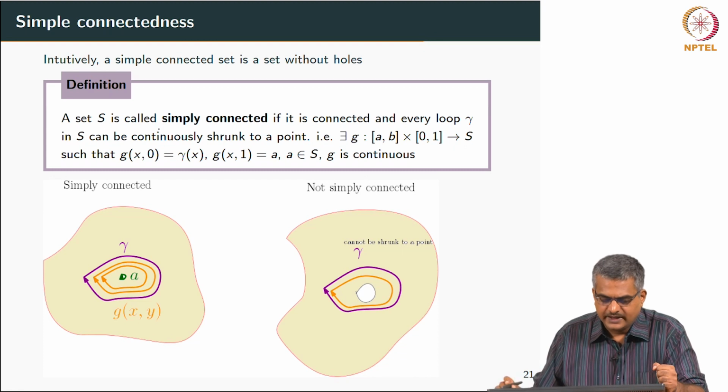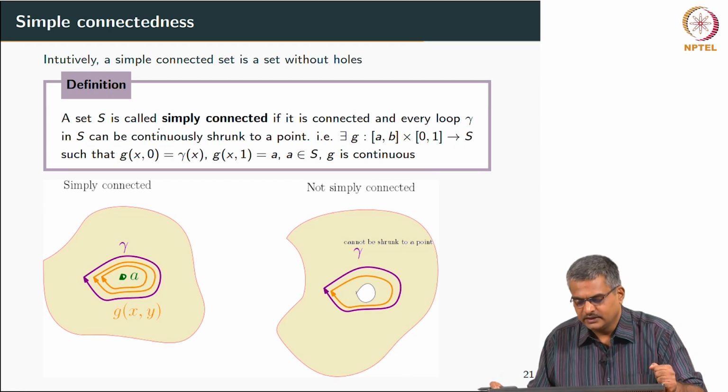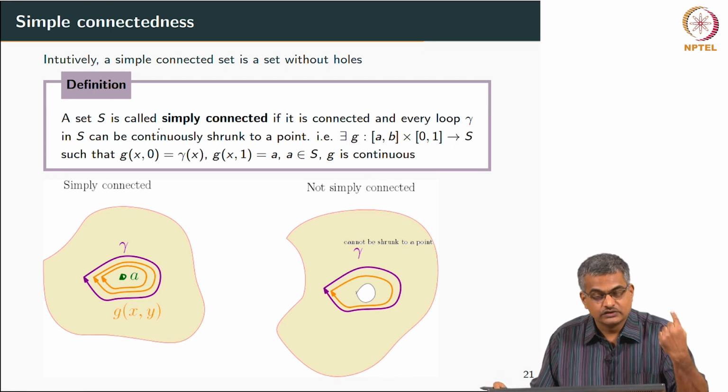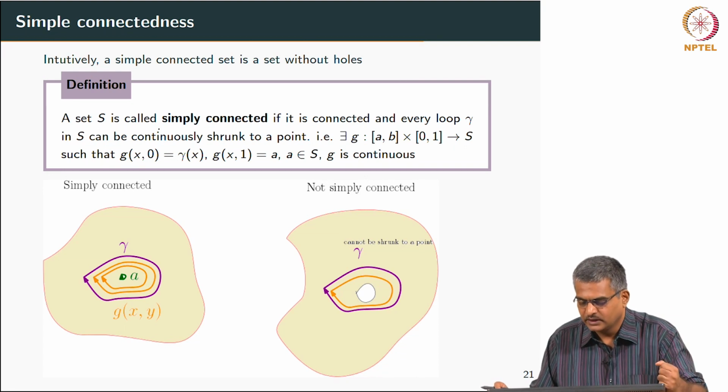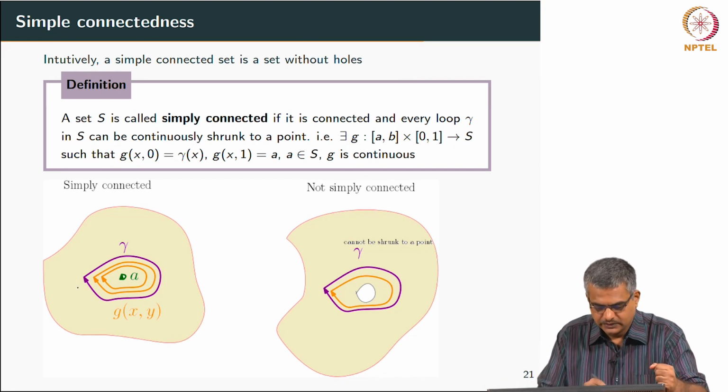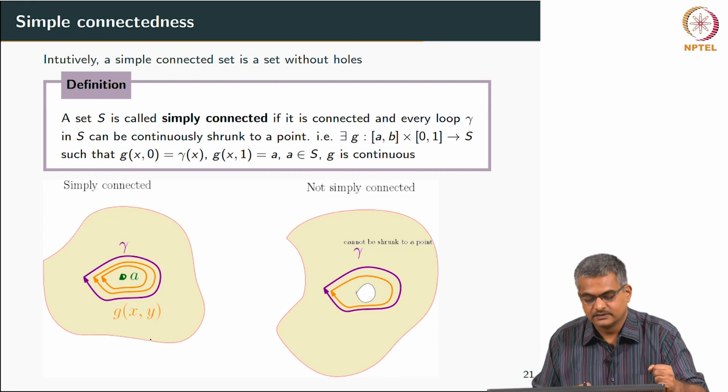So, a set S is called simply connected if it is connected, that is the first requirement, and every loop gamma in S can be continuously shrunk to a point in the set, right.